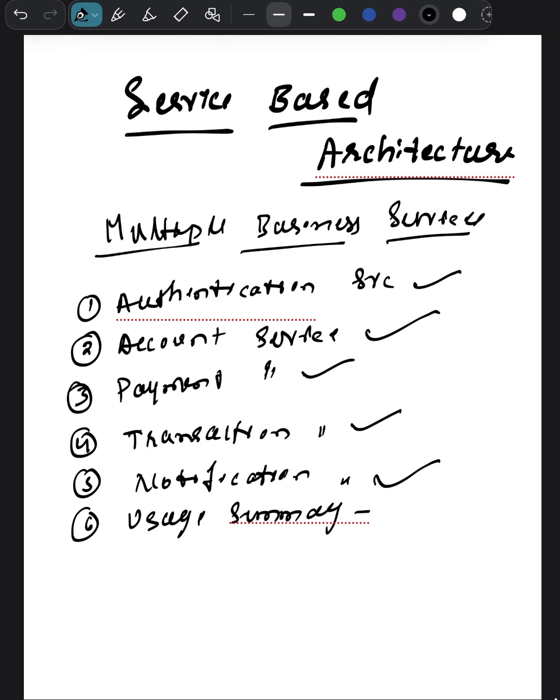One change required for authentication service should also be incorporated in other services. If you change one variable, which was the requirement coming from authentication service, then if the payment, transaction, notifications, usage summary, if they are referring to that particular variable, then they also need to be updated.